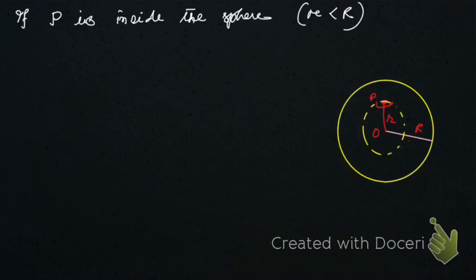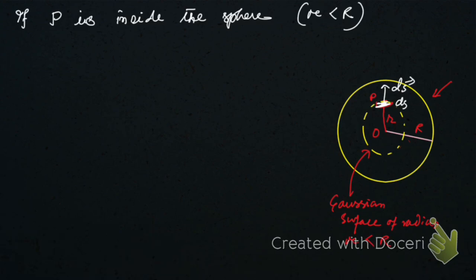Here you see, in this case P is inside the solid sphere, and now the Gaussian surface is this, of radius smaller than capital R. Let me take a small surface area element dS, represented by the vector dS, and the electric field E vector is also in the same direction.